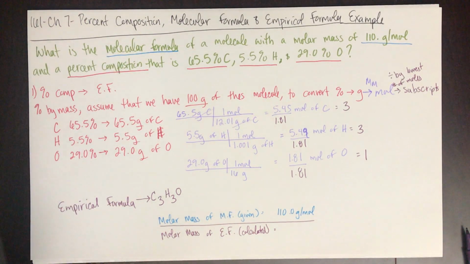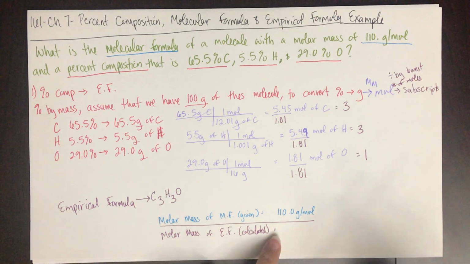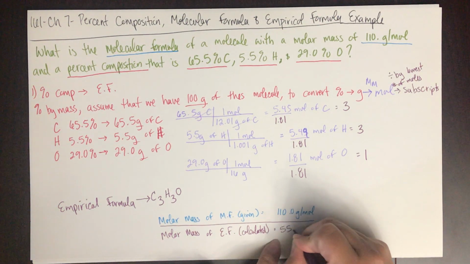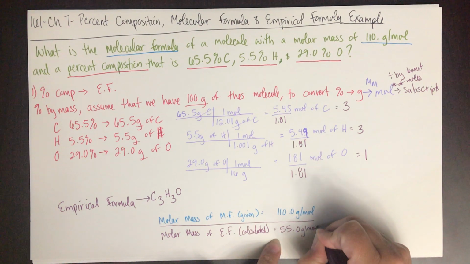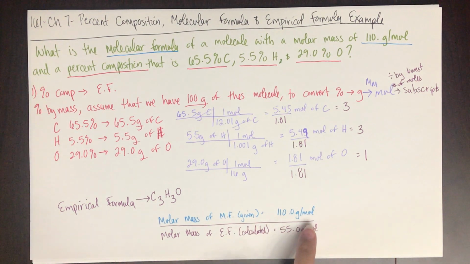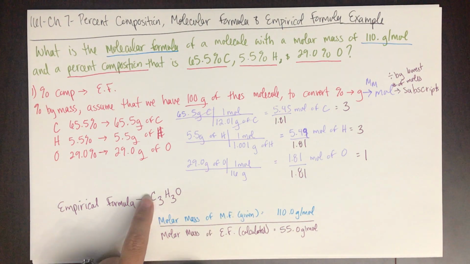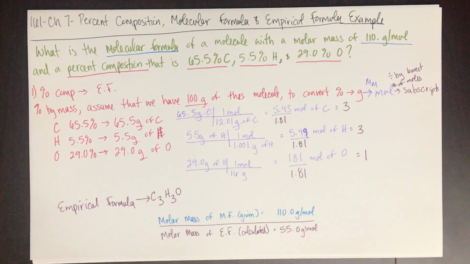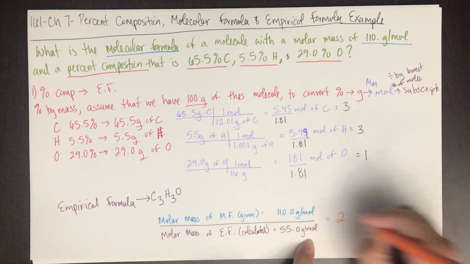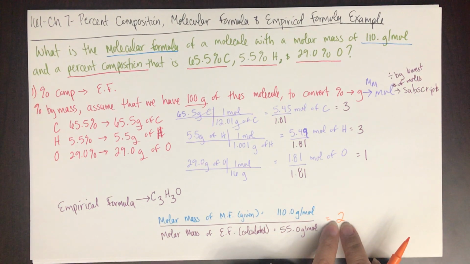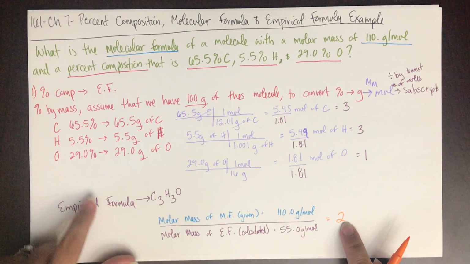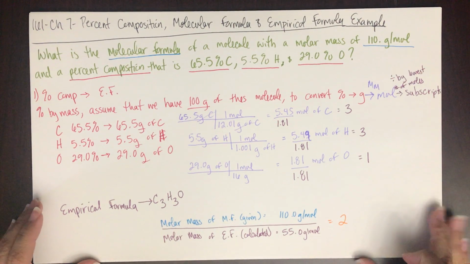That gives 55.033, so I'm going to put 55.0 grams per mole. Now this gives me the factor by which the empirical formula is related to the molecular formula. 110 divided by 55 is 2. So 2 is the factor by which the empirical formula is related to the molecular formula.